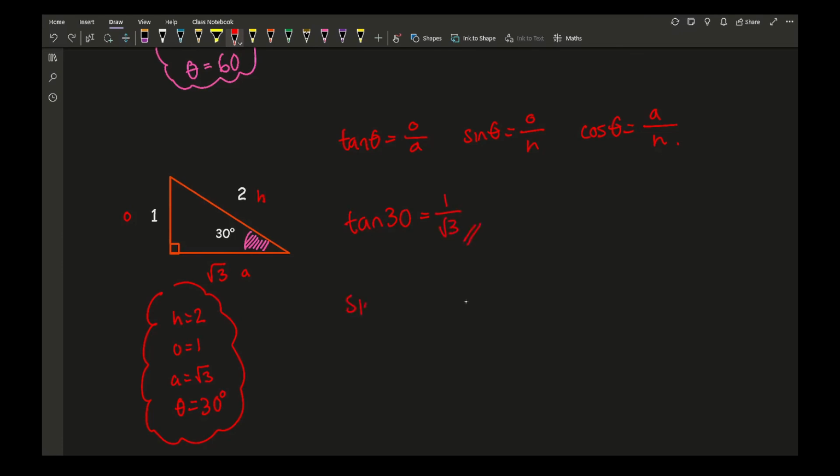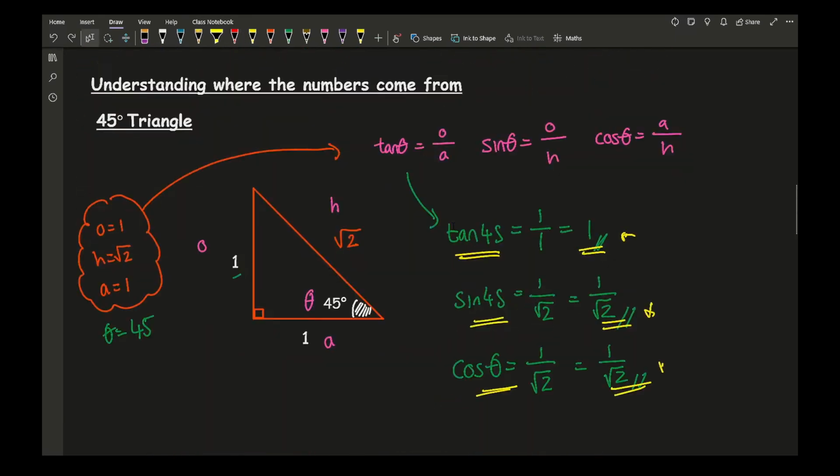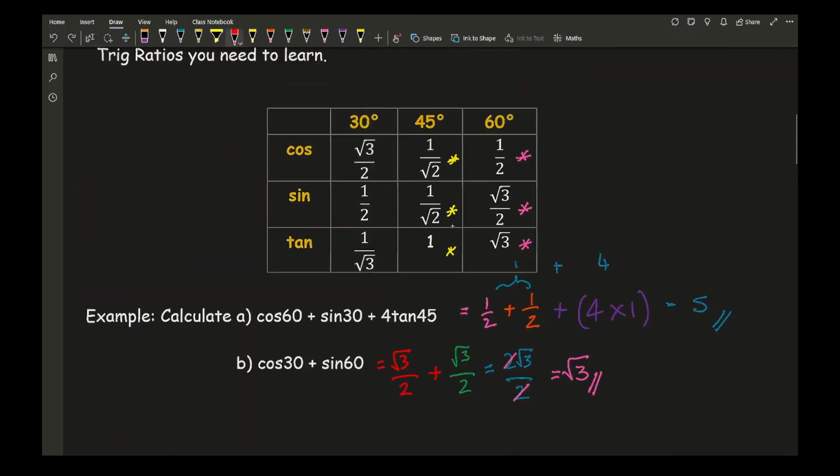I've got sine 30, which is opposite over hypotenuse, so I've got 1 over 2, and then I've got cos 30, which is adjacent over hypotenuse, and the adjacent is root 3, hypotenuse is 2. So lo and behold, I've got my three values here, which if I go back to my table, are these three values here.